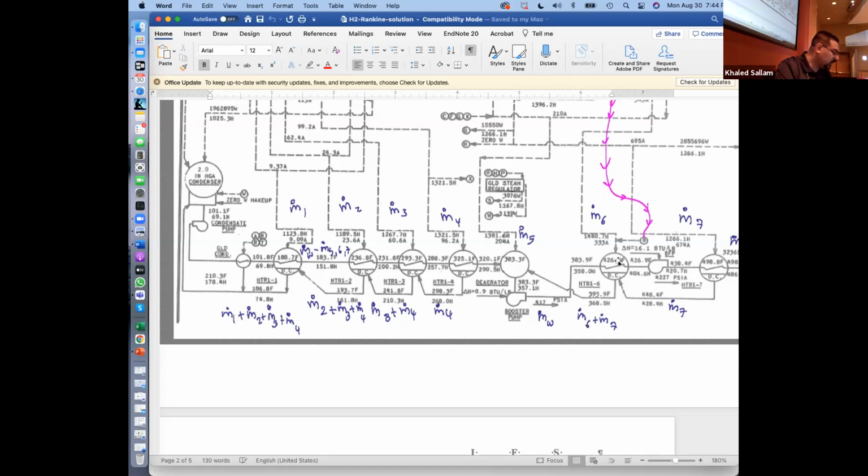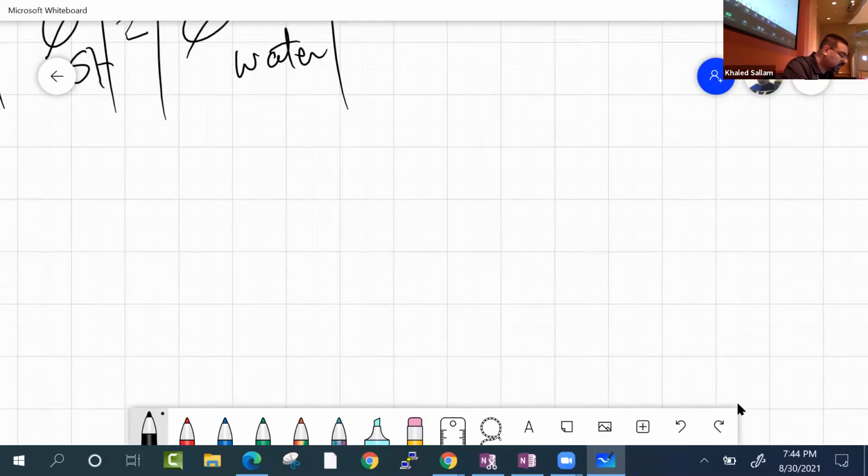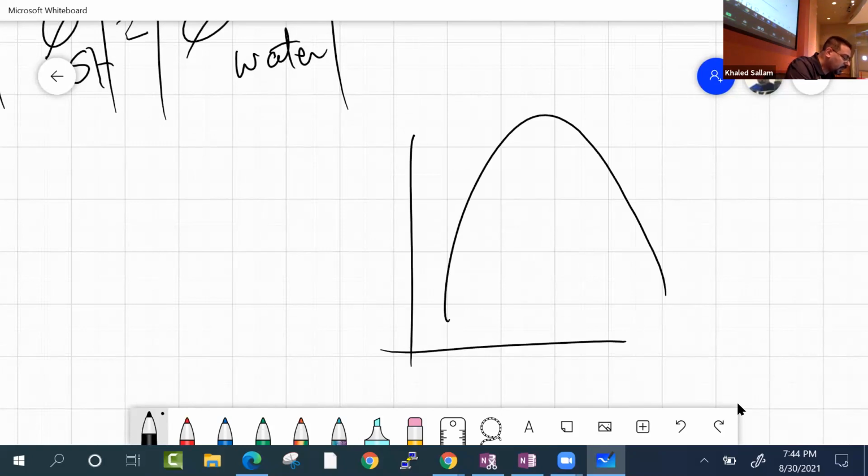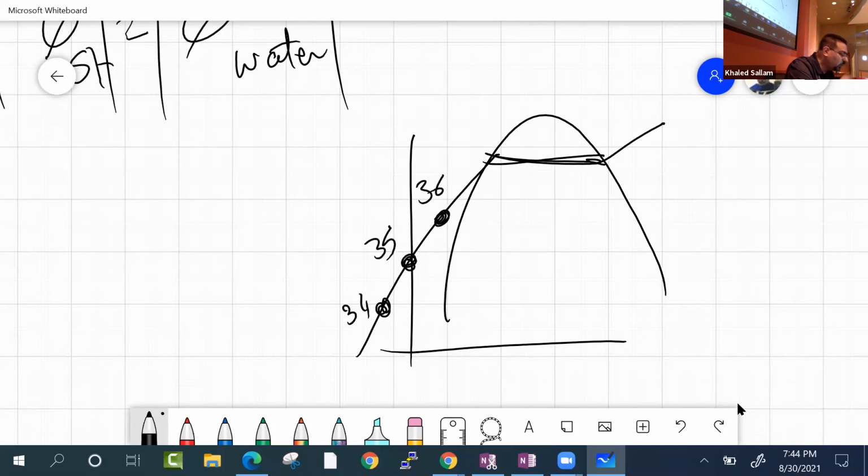So this is interesting. To start with, on a TS diagram, here is the water, and we call this 36, 35, 34. This is the water on its way to the boiler.